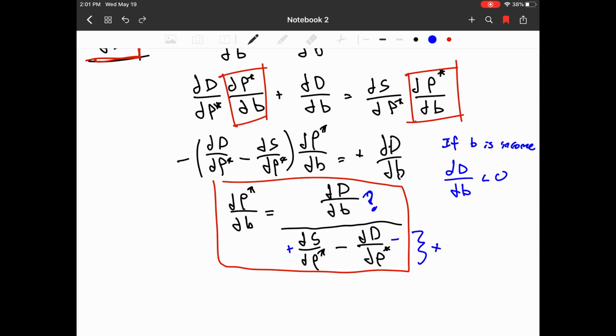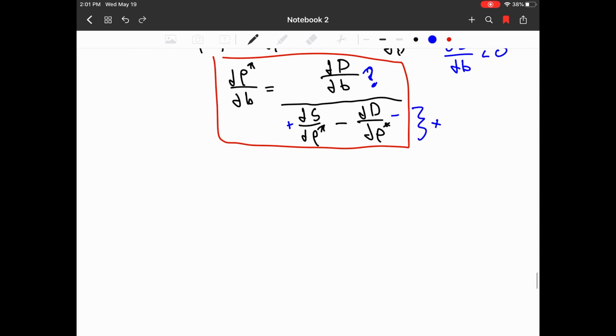Okay, so this is all about the relationship between P star and B, but we can also think about the relationship between Q star and B. Okay, so it's similar to what we did before.